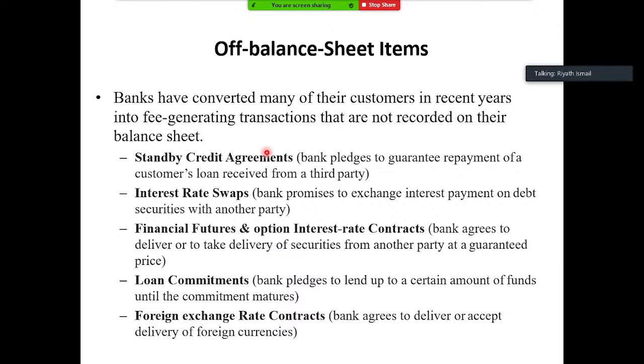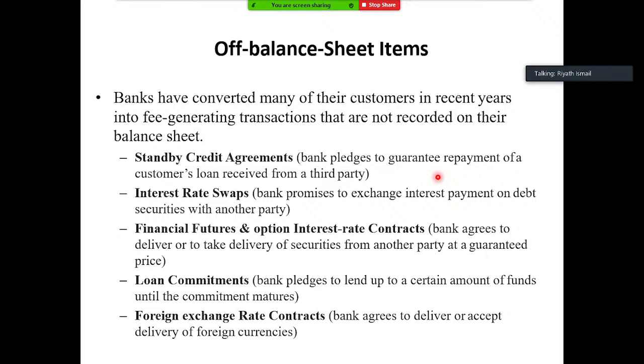Banks have converted many of their customer relationships in recent years into fee generating transactions that are not recorded on their balance sheet. Say, standby credit agreement. It is a kind of service provided by the bank. The bank pledges to guarantee repayment of a customer's loan received from a third party.